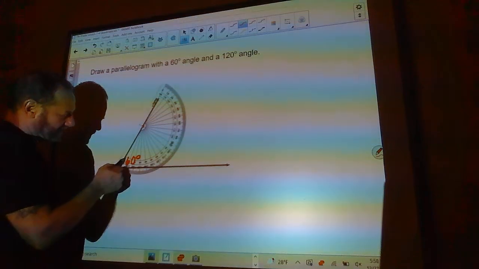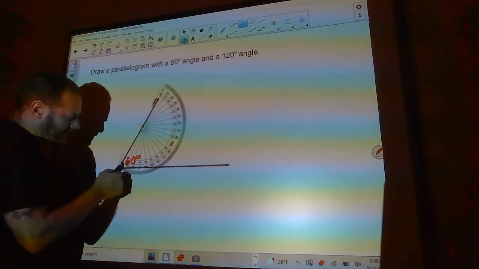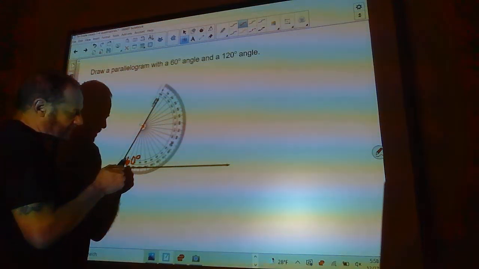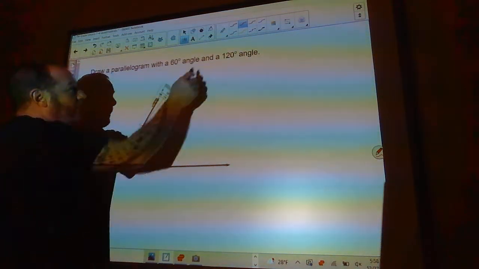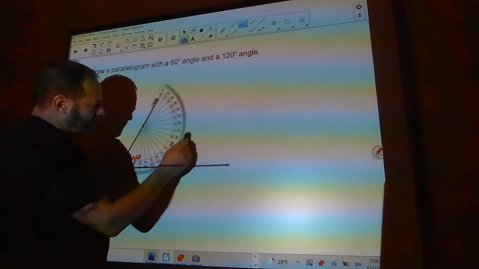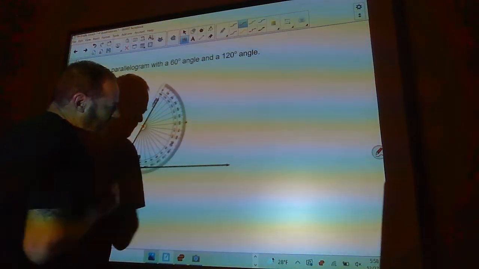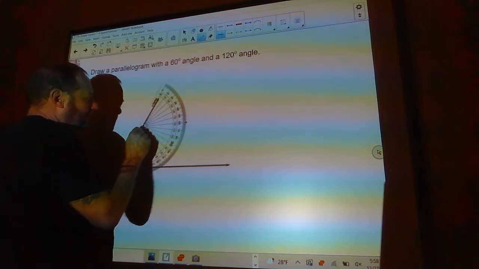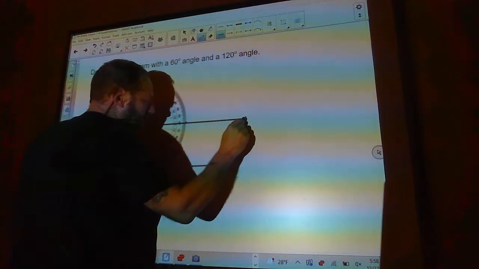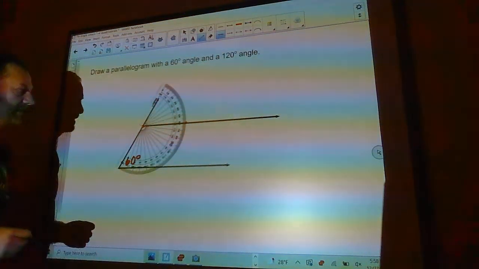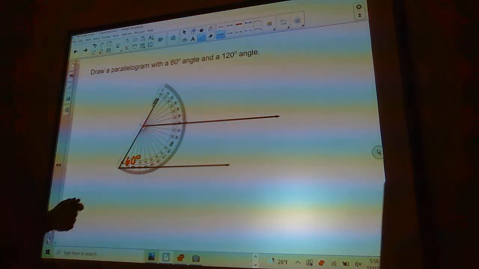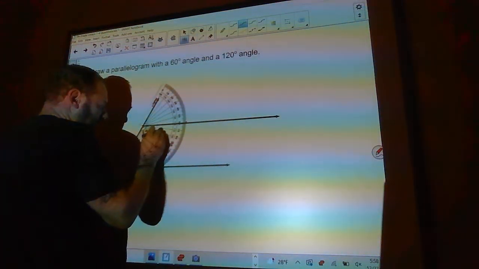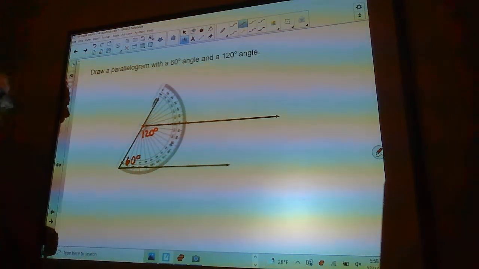I'm going to use the inside because I've lined it up with this side of my figure here, and I'm going to go 120 degrees. So 120 degrees is going to be right there, and from here I'm going to make another ray like this. So I've created a 120-degree angle right there.